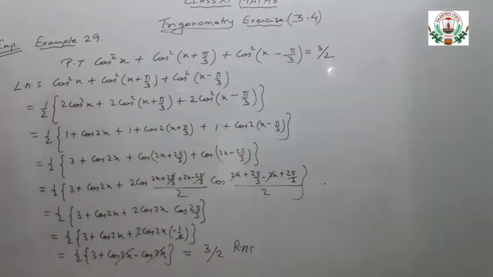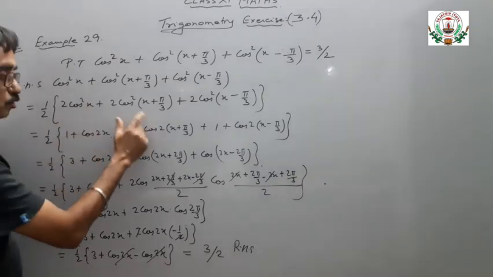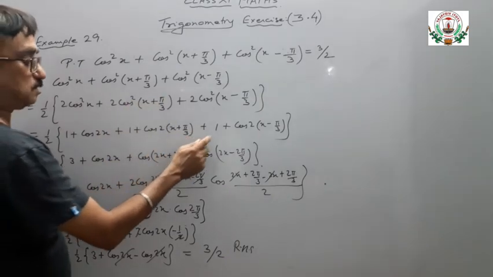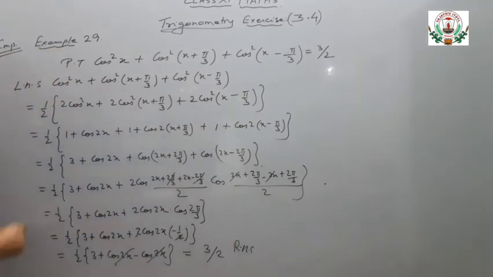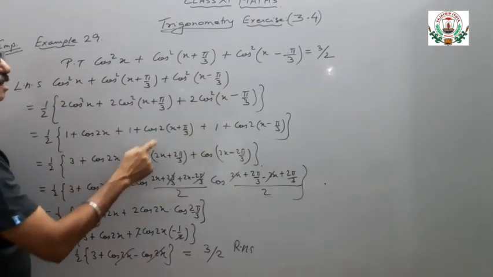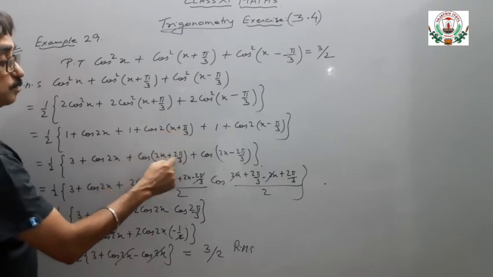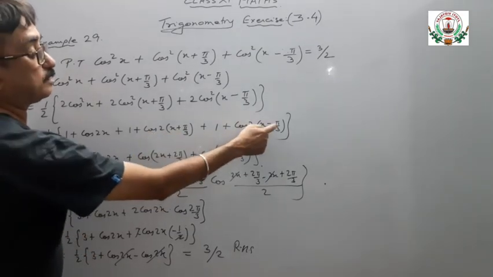As I know that 2 cos square theta is 1 plus cos 2 theta, so 1 plus cos 2x, 1 plus cos 2 times (x plus pi by 3), 1 plus cos 2 times (x minus pi by 3). So 1 plus 1 plus 1 becomes 3 plus cos 2x plus cos(2x plus 2 pi by 3) plus cos(2x minus 2 pi by 3).